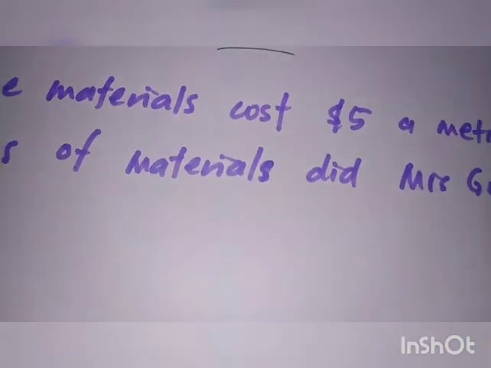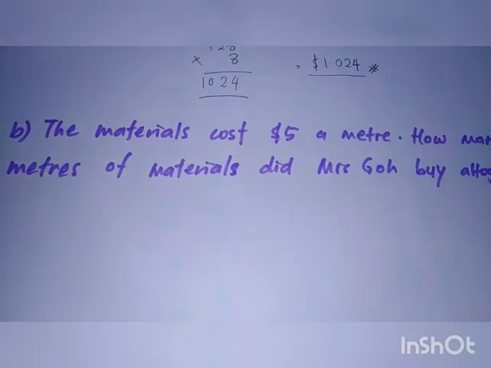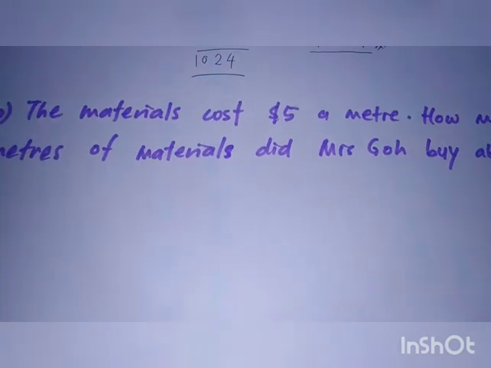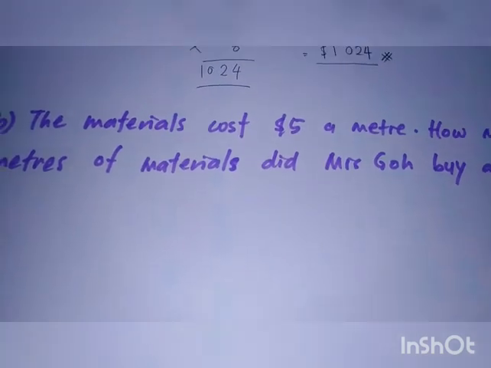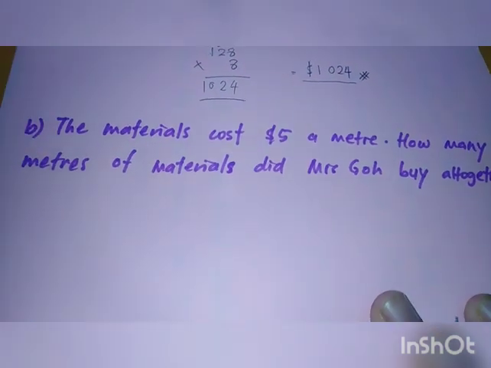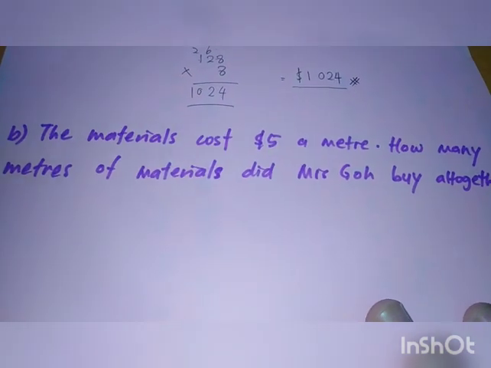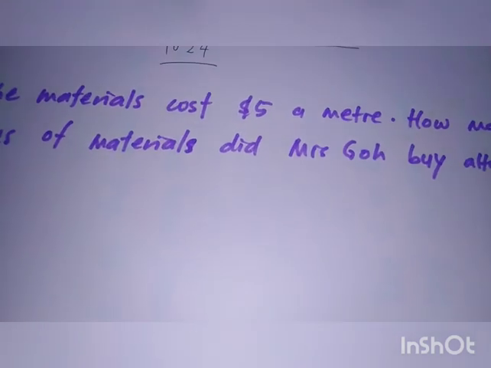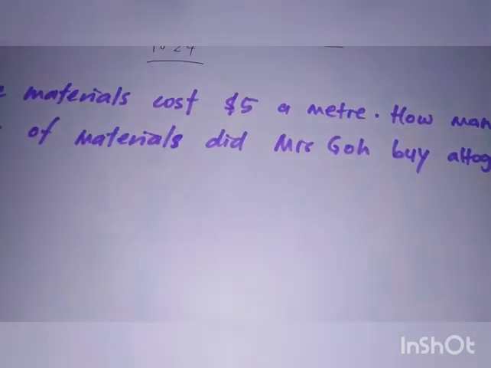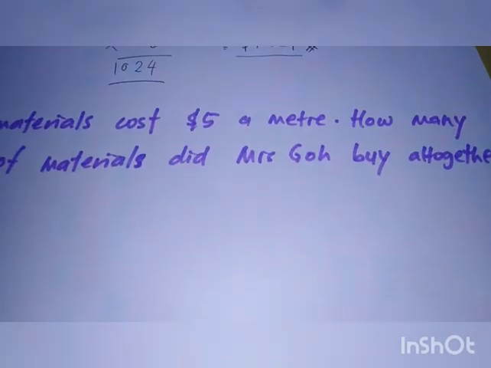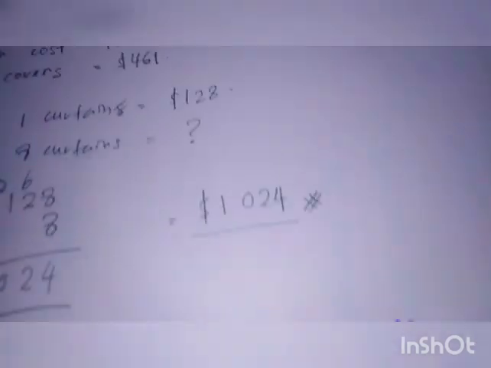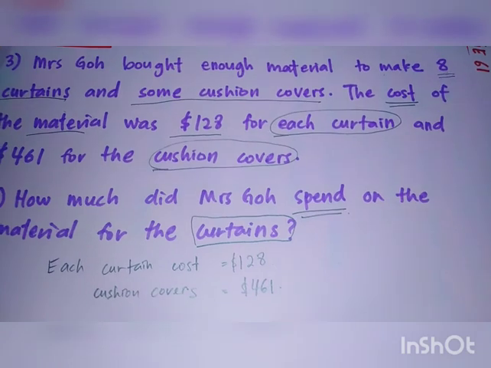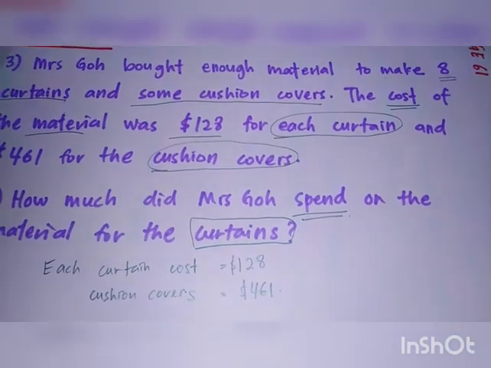So let's move to the next question. The material costs $5 a meter. How many meters of material did Mrs. Go buy altogether? Okay, this is a little bit of a tricky part. In the sentence here, it's already given the cost for the cushion cover and also the cost for the curtain.